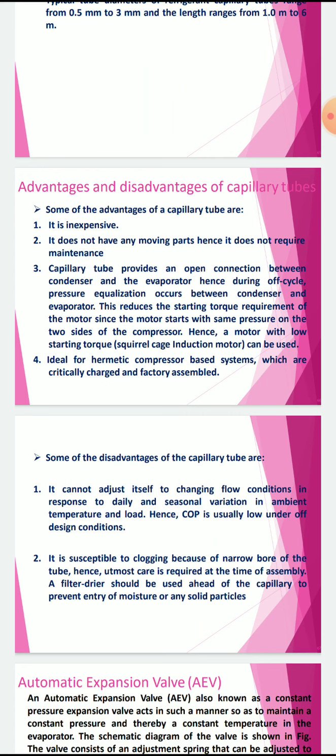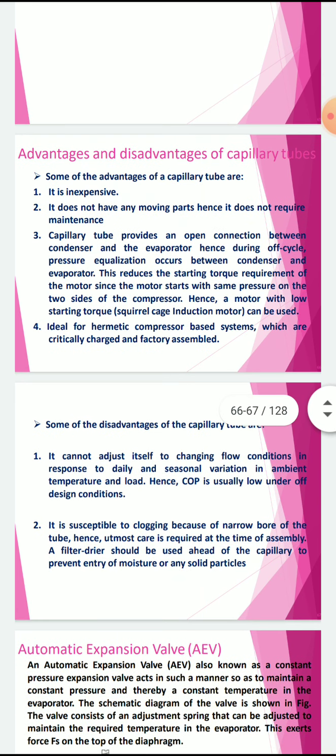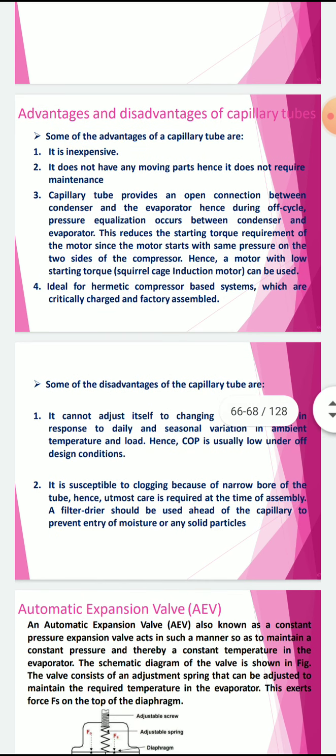Hence, during off-cycle, pressure equalization occurs between condenser and evaporator. This reduces the starting torque requirement of the motor since the motor starts with same pressure on the two sides of the compressor.